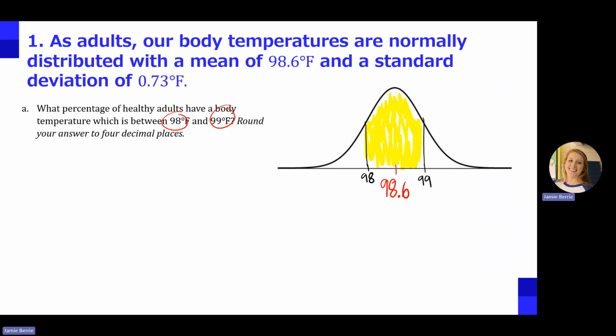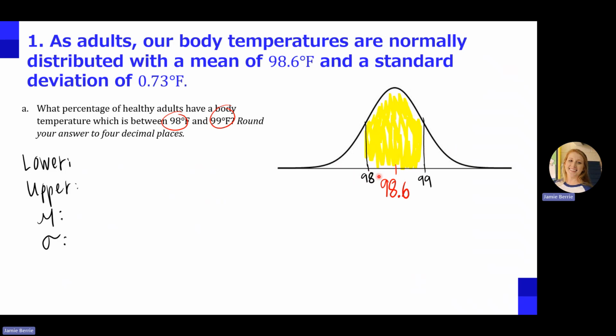All right, so if you remember from the last video, we're going to need a lower bound for the shaded area and an upper bound for the shaded area. That's where the shaded area starts and where it ends. And then we're going to need a mean and a standard deviation. Our shaded area goes in between 98 and 99.